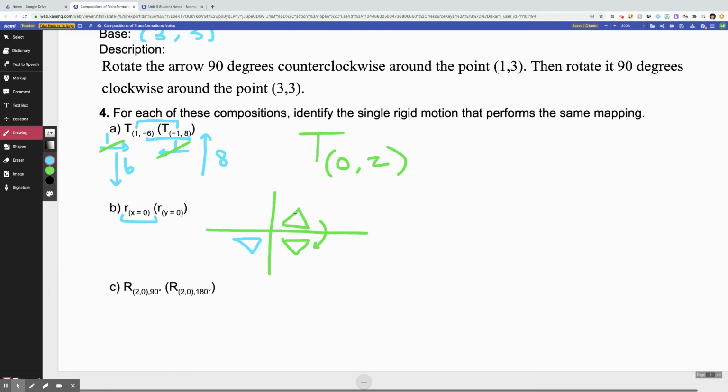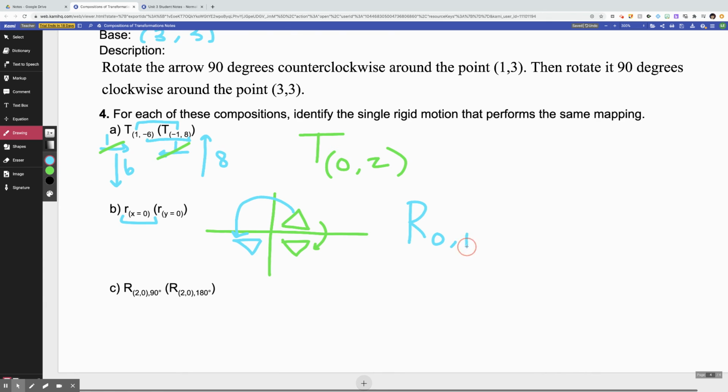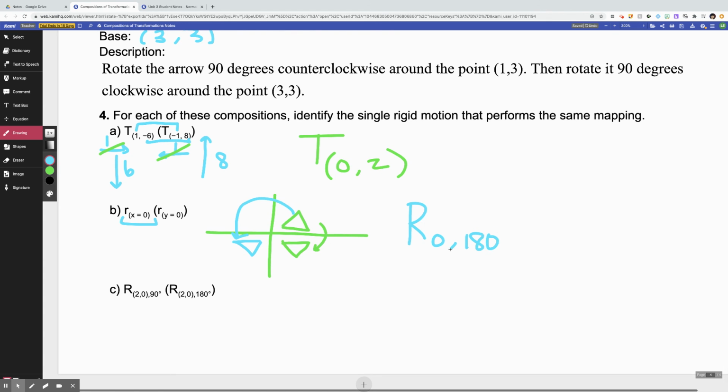Well, I could have done that in just one rotation. I could have rotated it 180 degrees instead. So that would be my answer here: I would rotate it 180 degrees around the origin. And remember that this O right here is not the number 0, it's the point, the origin.